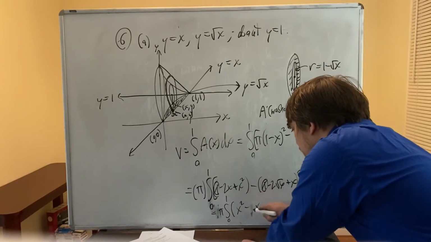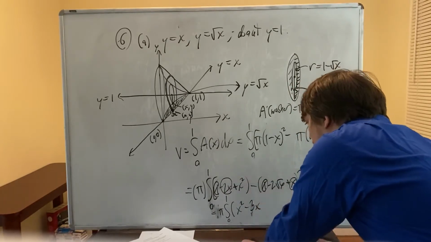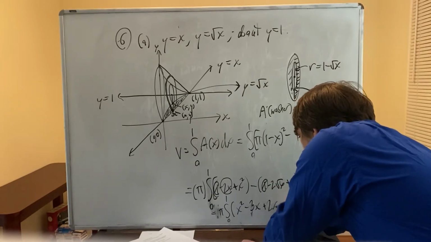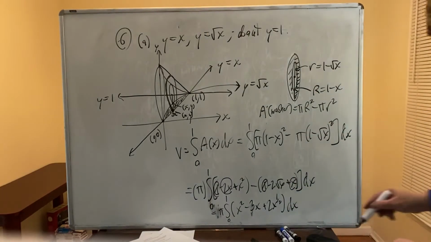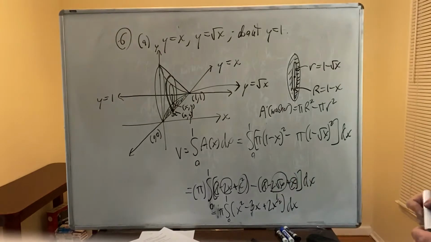That's minus 3x. Minus negative 2 square root of x is plus 2 times the square root of x. It's plus 2x to the 1/2.